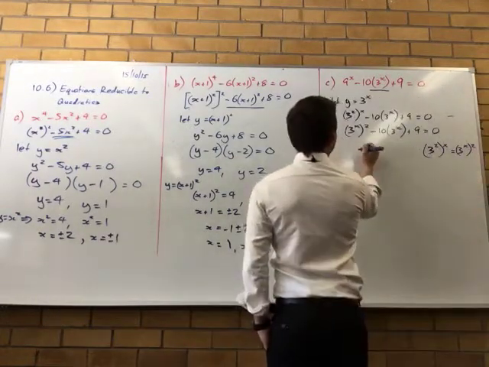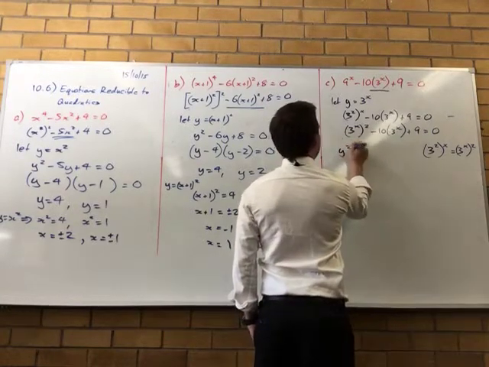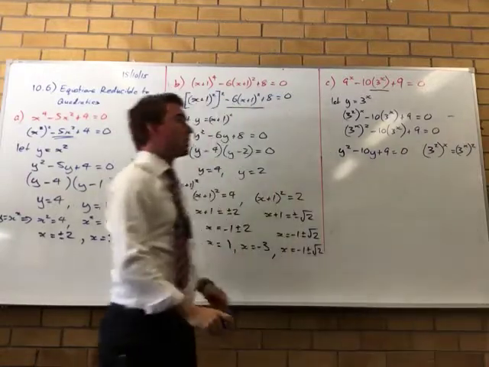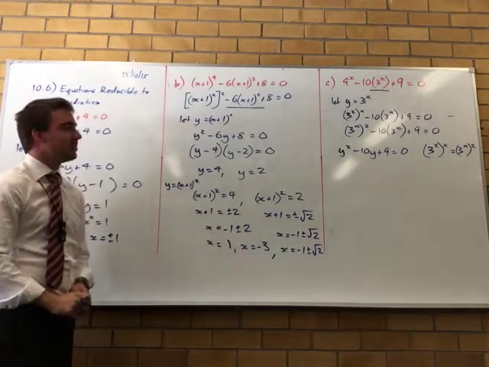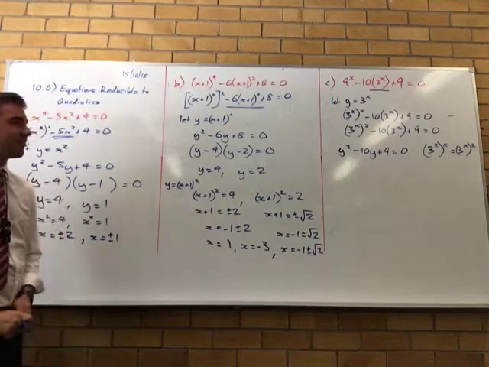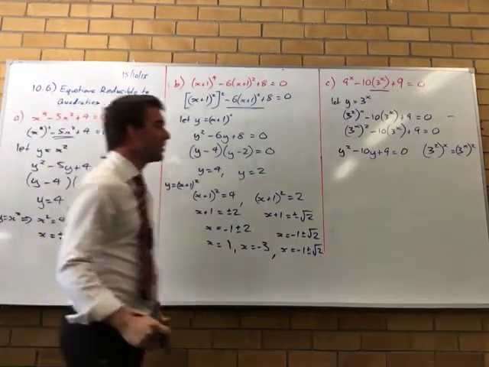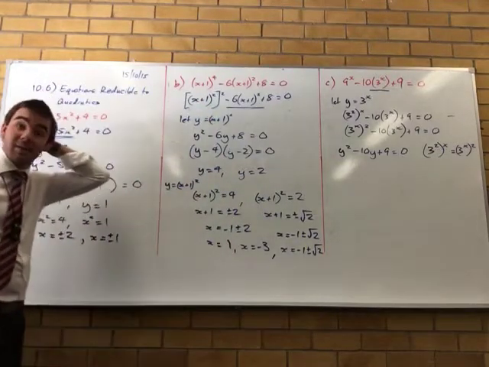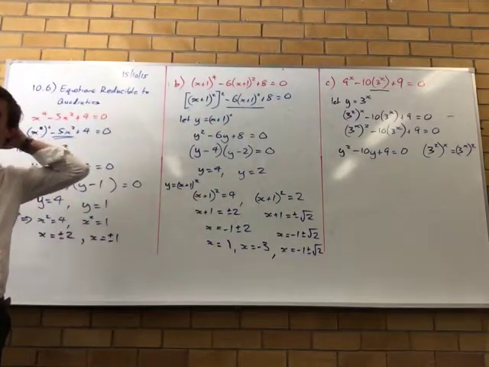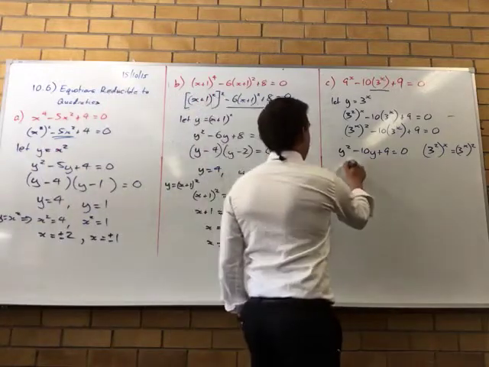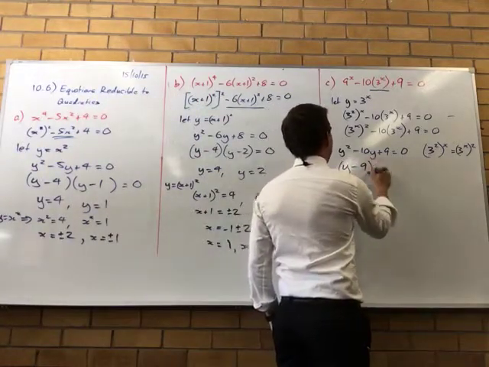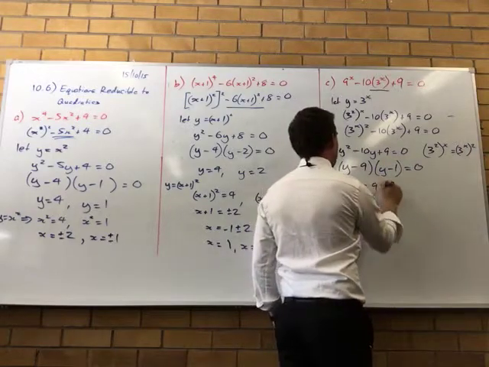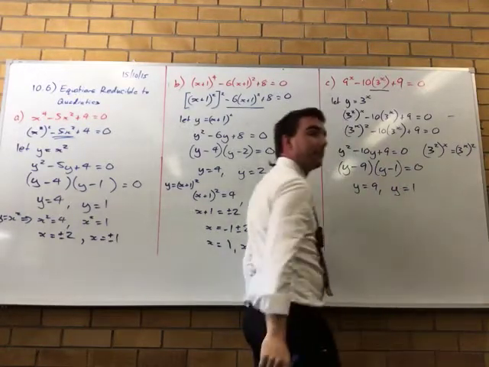Alright, so that means y squared, take away 10y, plus 9 is 0. Making that substitution. Alright, two numbers multiplied to give 9, same two numbers add to give negative 10. y take away 9, y take away 1 is 0, so y is 9 and y is 1.